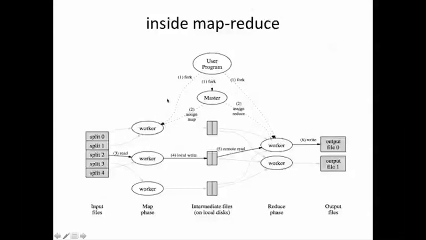Now, if a mapper fails, then the master has to simply reassign the key ranges assigned to that mapper to some other processor whenever it gets one available. Since the data had to be read from the input in any case, the newly assigned mapper simply rereads the data and reprocesses it.